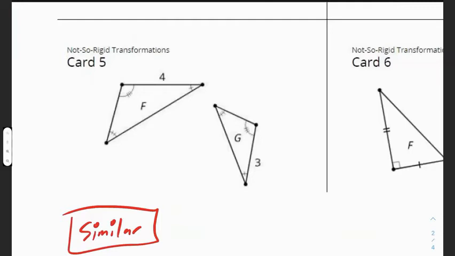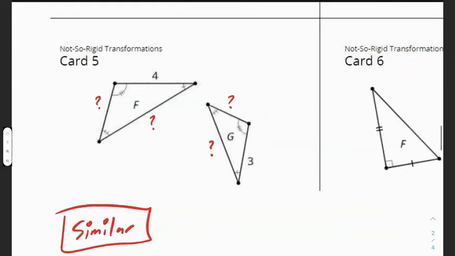I would like to know the other sides, to make sure that they went through the same scale factor. If they didn't, then I would probably notice the angles being different. But since the corresponding angles are congruent to each other, I would definitely say similar. They also look very similar when you stare at them.